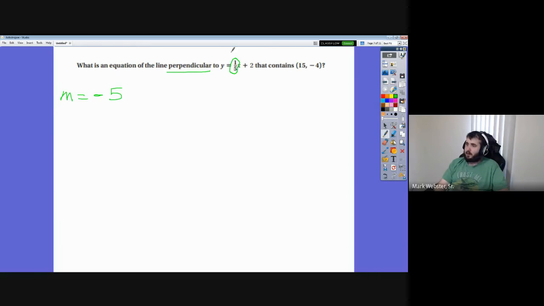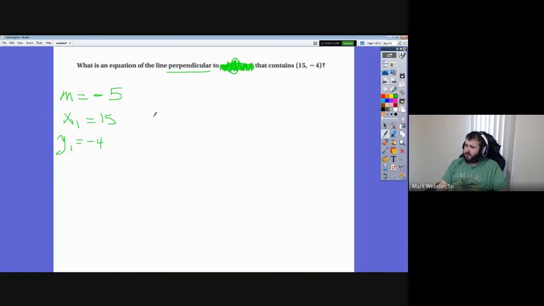And again, do I need this equation anymore? No. Throw it away. It's been used. Thank it for its service and then throw it away. Marie Kondo that equation. Now x1 and y1. x1, well, that's 15. y1, that's -4.